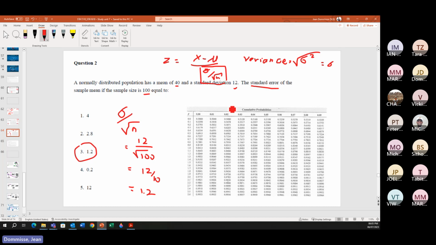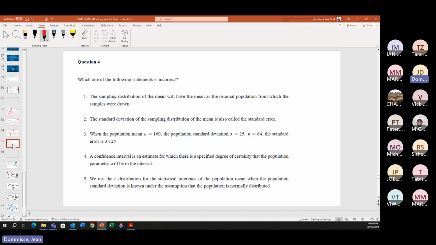So we basically did a standard one where we used the Z to get to the probability, one where there was a sample size, and one where there wasn't a sample size, which looked exactly like a study unit 6 example.